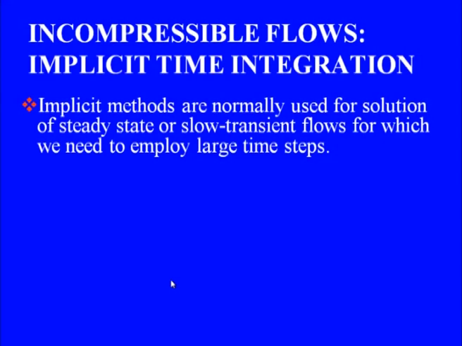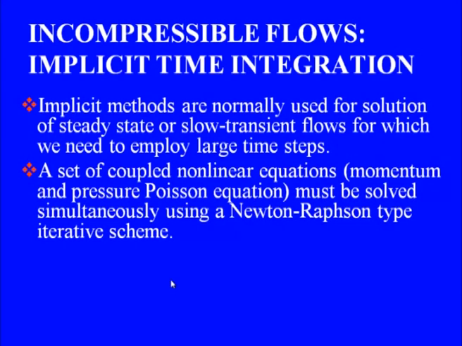Now, implicit time integration methods are normally used for the solution of steady state or slow transient flows, for which we need to employ large time steps. But there is one small problem here. We have to solve a set of coupled nonlinear equations. We have the momentum equations, which are coupled nonlinear equations, and we have the Poisson equation for pressure, again in terms of products of the velocity components, which are unknown.